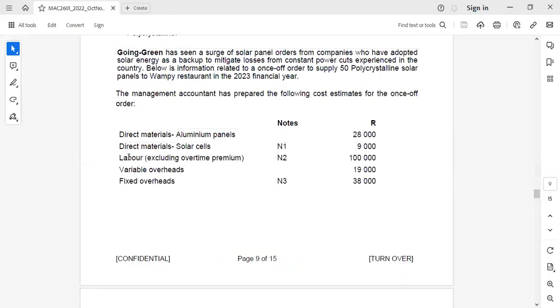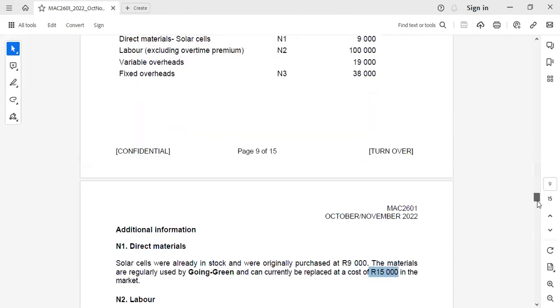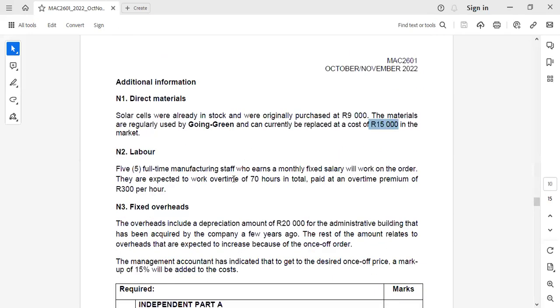Right. Then labor, excluding overtime, 100,000. Let's go and check N2. 5 full-time manufacturing staff who earn a monthly fixed salary will work on the order. They are expected to work overtime of 70 hours in total, paid at an overtime premium of 300 per hour. These are full-time manufacturing staff.